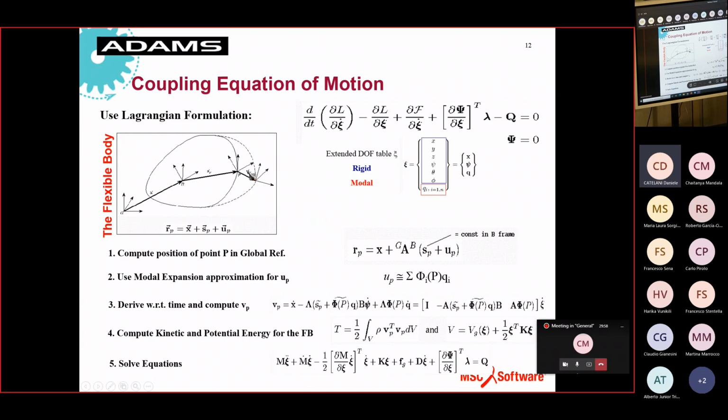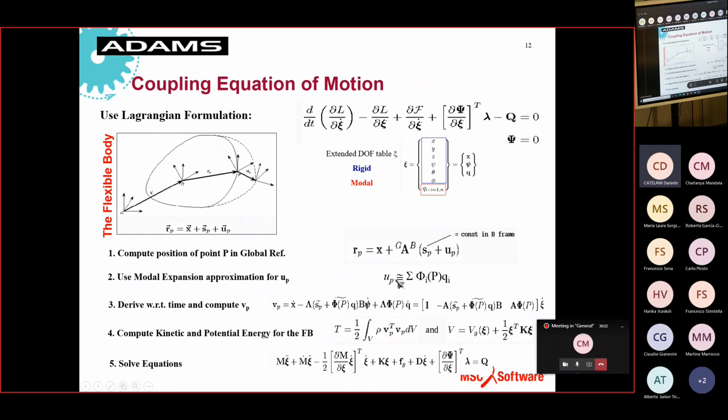If we evaluate the deformation of a point in a flexible body, we have the position of the body with respect to the ground, the position of the point with respect to the origin of the body, and the deformation of the point, the deformation of the body. In these three components, this deformation can be approximated by modal expansion.